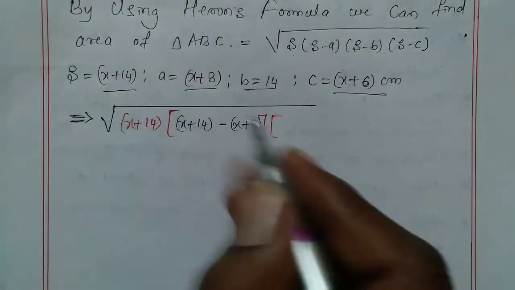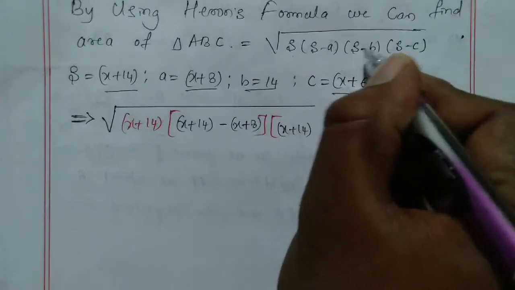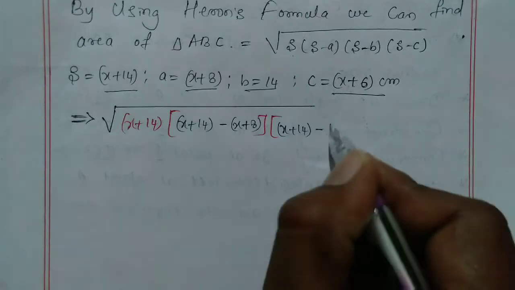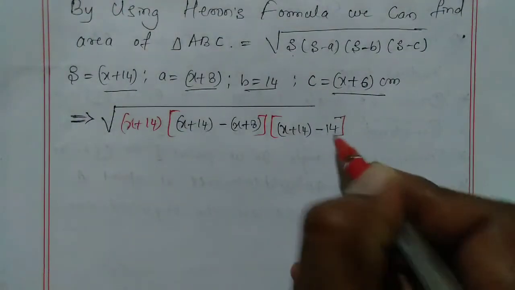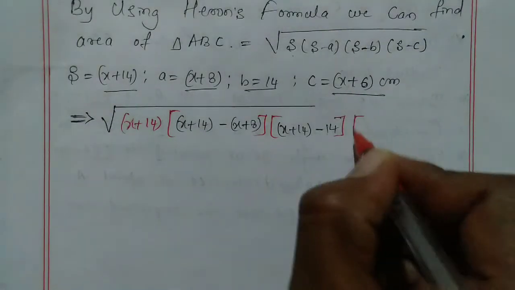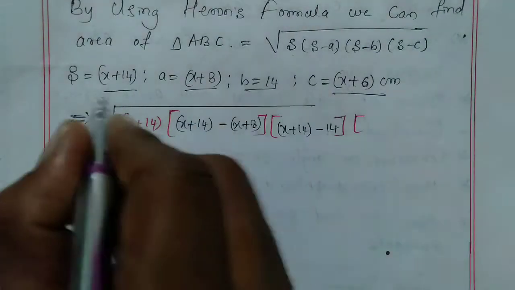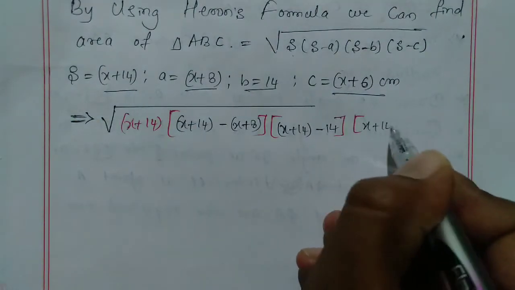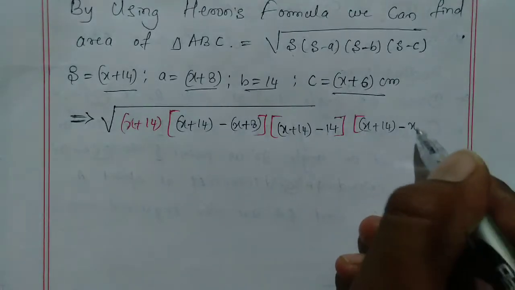Here s value is x plus 14 minus b value is 14. So minus 14 I will write as it is, into s minus c. S value is x plus 14 minus c value is x plus 6.